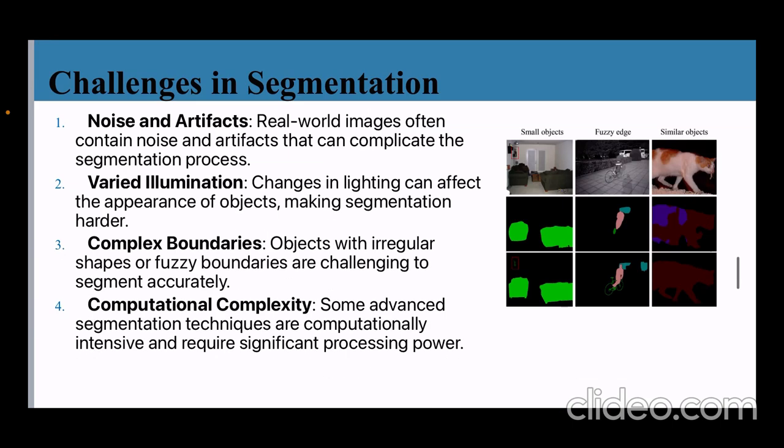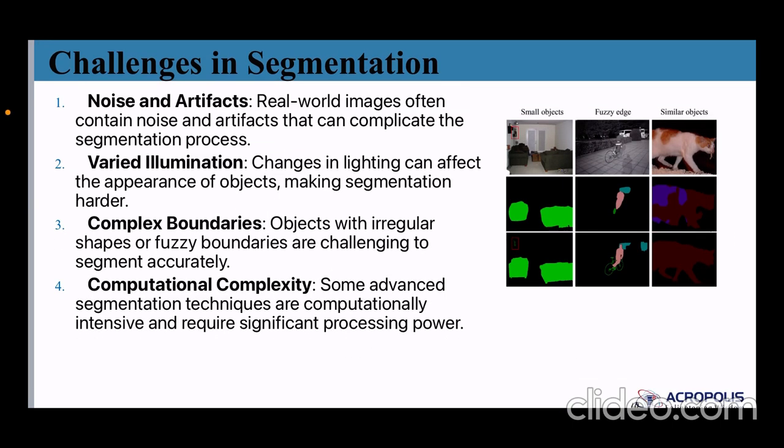Now we will look into the challenges in segmentation, like noise and artifacts. Real world images often contain noise and artifacts that can complicate the segmentation process. The presence of noise and artifacts is majorly a drawback.